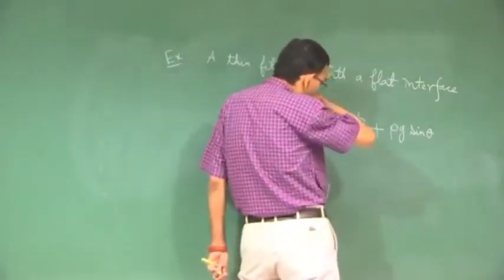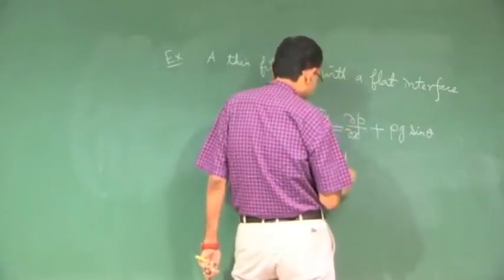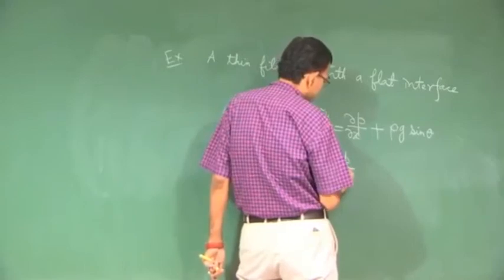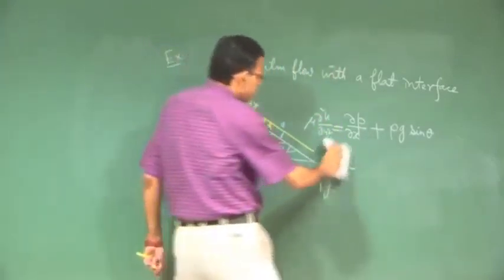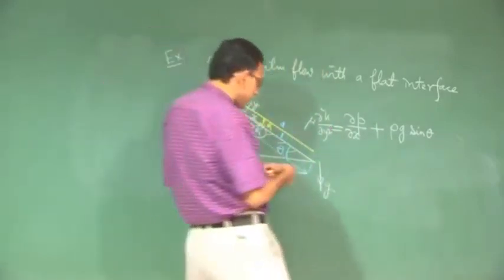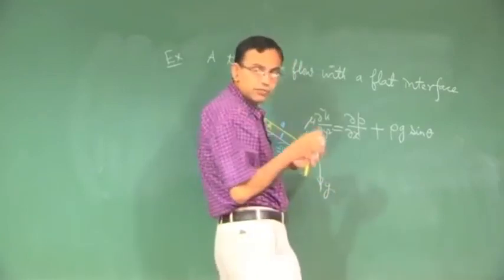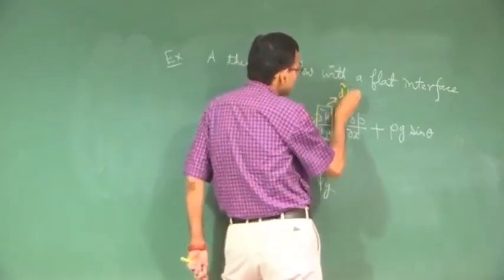So, now you can write. What we will do is we will now use a consideration that because it is a fully developed flow, u is a function of x only.